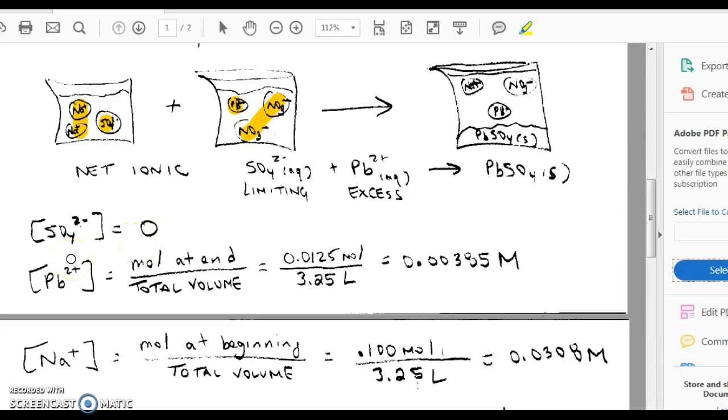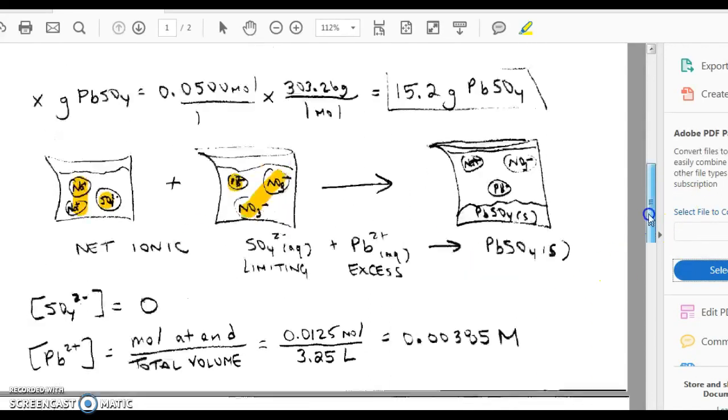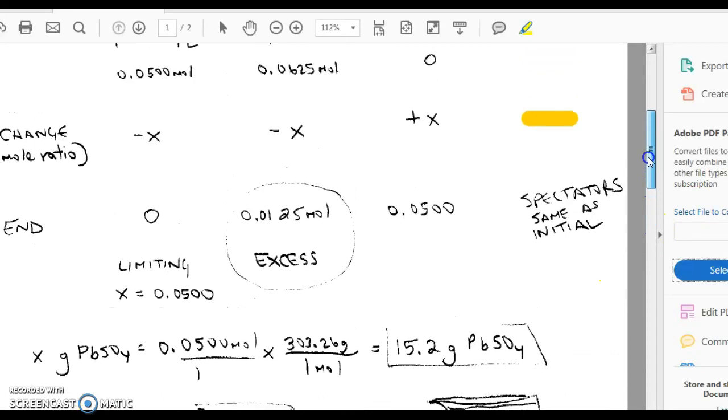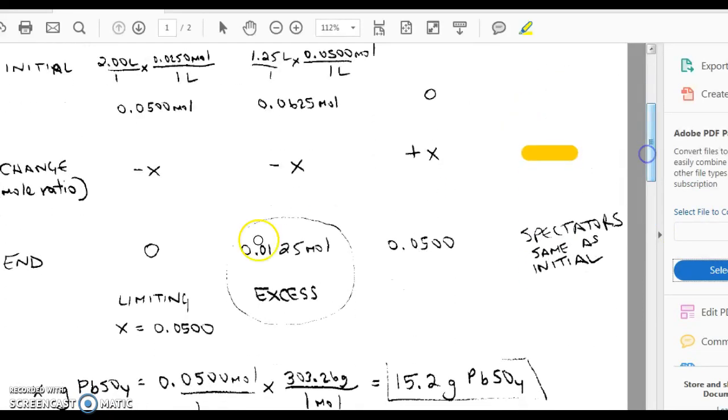To find the concentration of the lead ion, the excess ion, I take the moles at the end and divide by the total volume of the two solutions that combine. So going back to my table, the moles at the end of the lead ion is this number of moles right here.